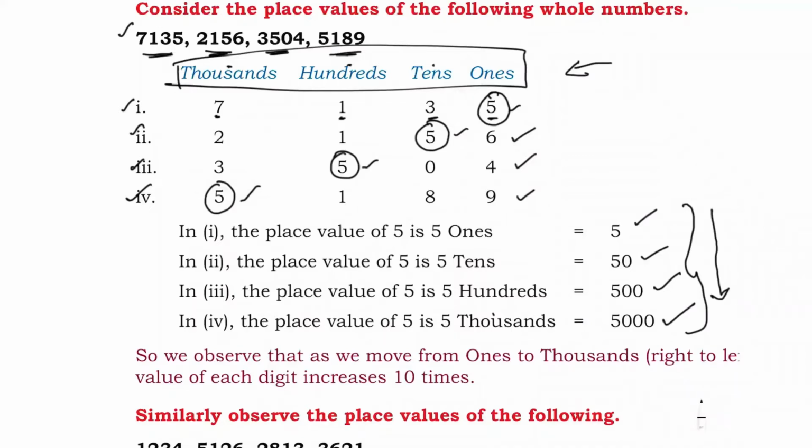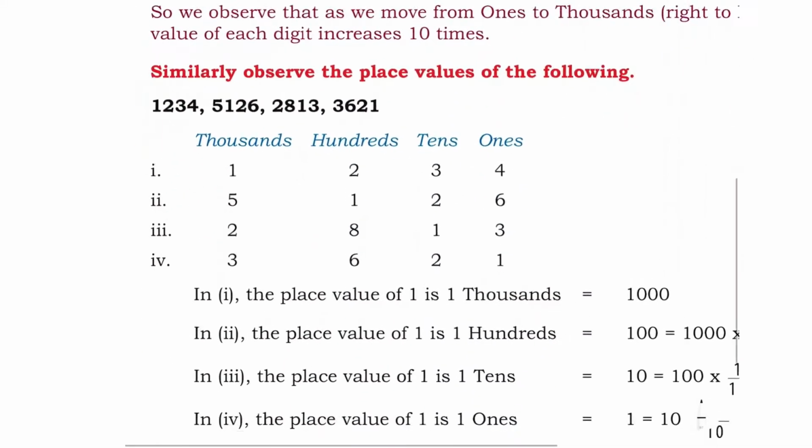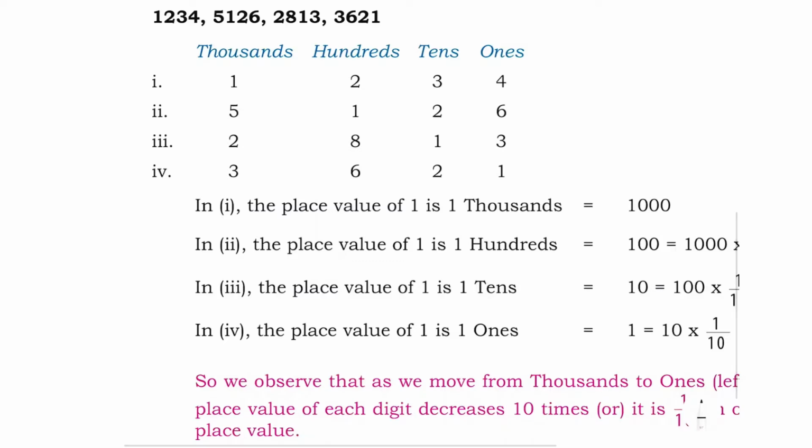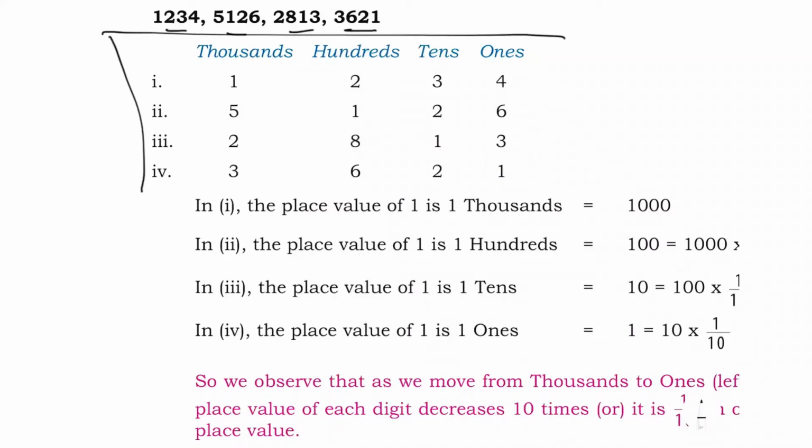Now let's go to another example. Observe these numbers: 1234, 5126, 2813 and 3621. If you place each of these digits in its place value house, this is what you get.